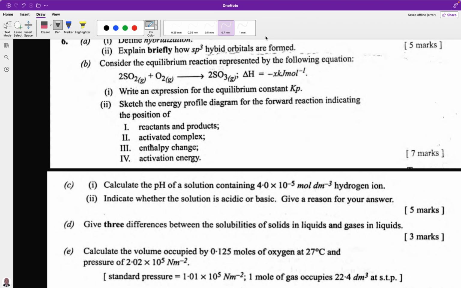So this reaction is an exothermic reaction. We need to sketch an energy profile diagram for 2 moles of sulfur dioxide plus oxygen, to give the product 2 moles of sulfur trioxide. And it must be an exothermic reaction. This is how an energy profile diagram for this can look like.